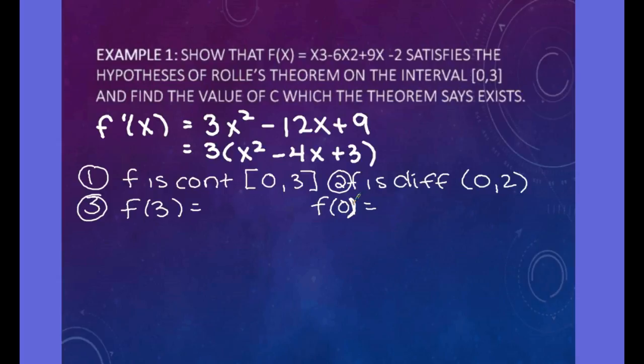f of 0 is always easy, because it's always the last number there at the end. So you get your -2. Now for 3, you have 3 cubed, which is 27. And then you have 3 squared, which is 9, times 6, so you get -54. Then 9 times 3 is another 27.